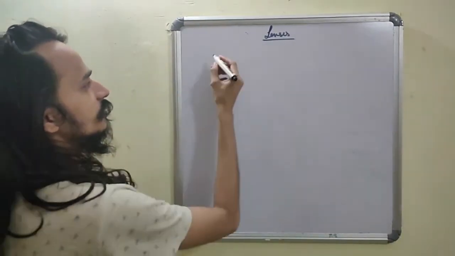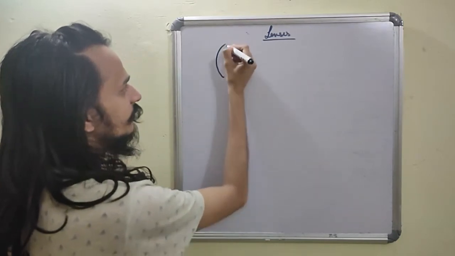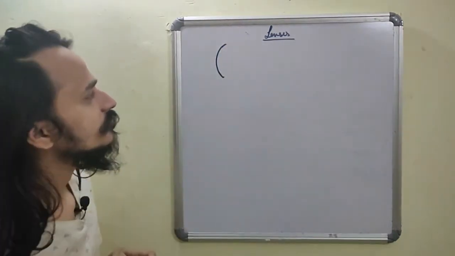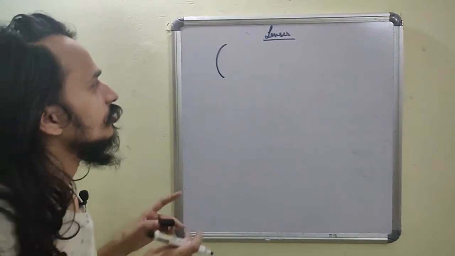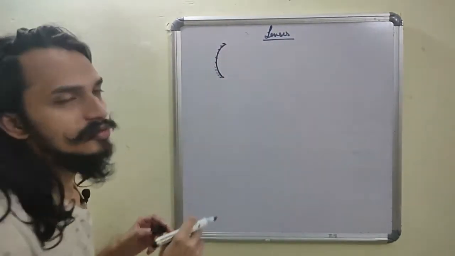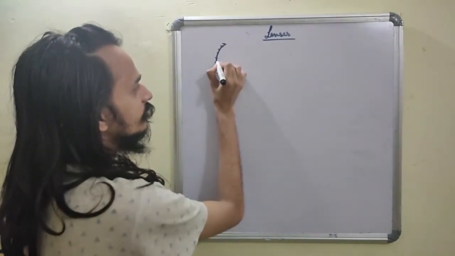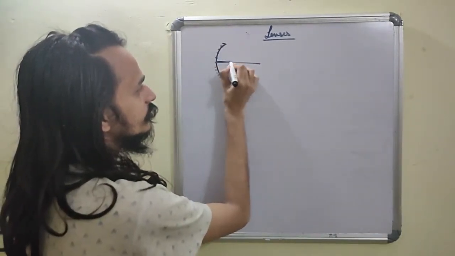Let me start with recollect. This would be a concave mirror, right? This was a concave mirror, and it would be something like this.